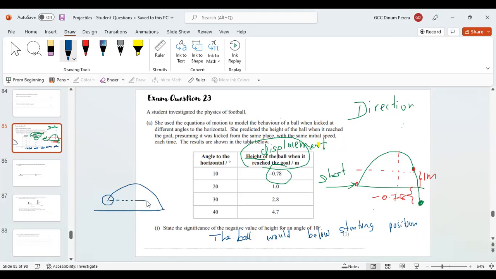When it is reaching the ground, or probably before it reaches the ground, it can be below the starting position. Right. If you have said the ball is bouncing, yeah, that's correct.